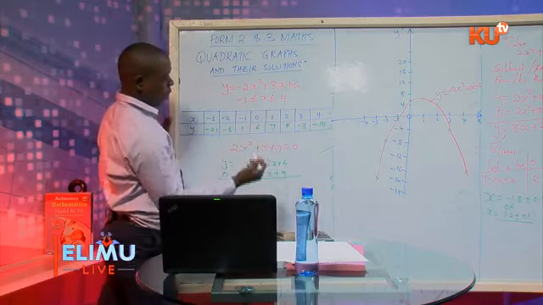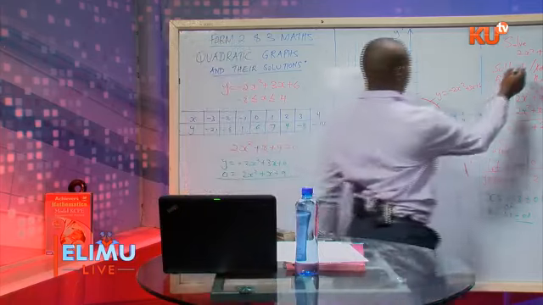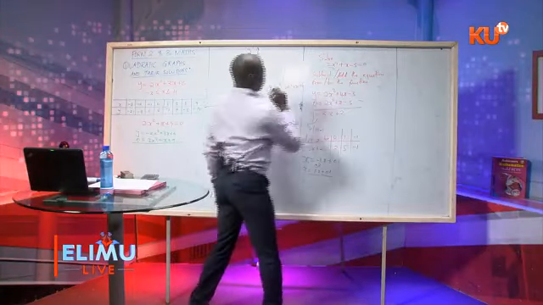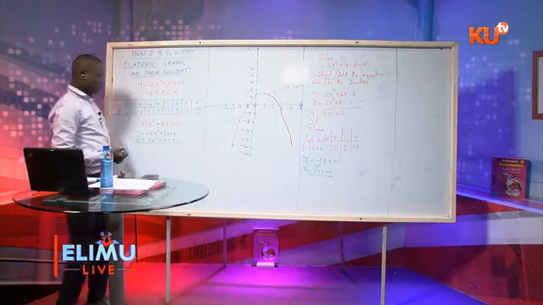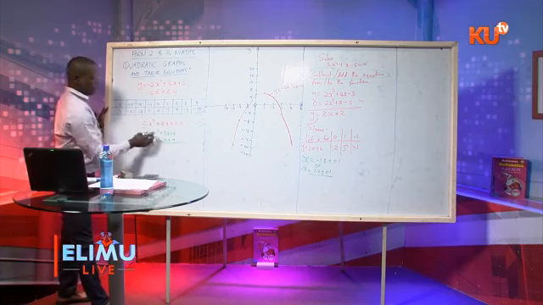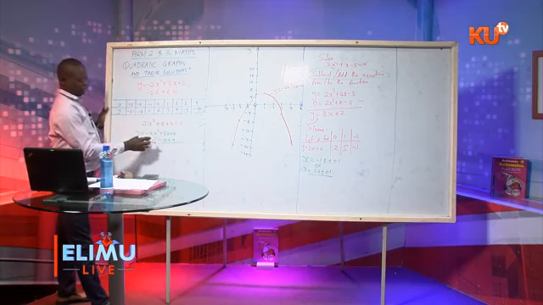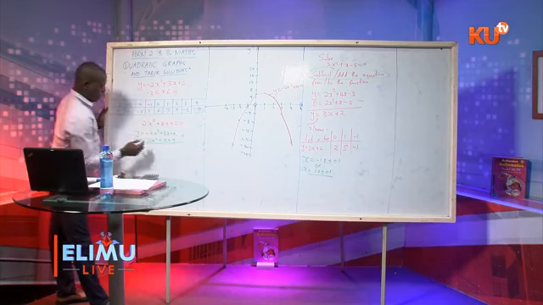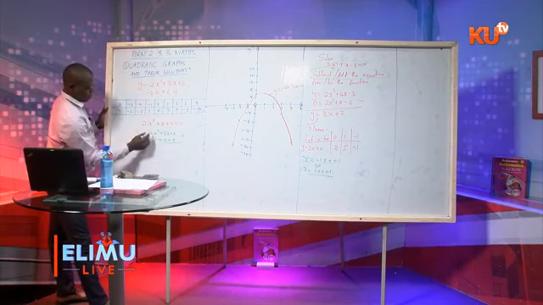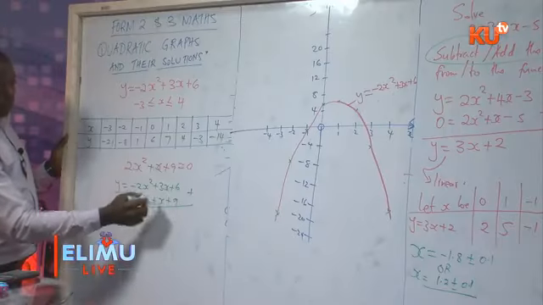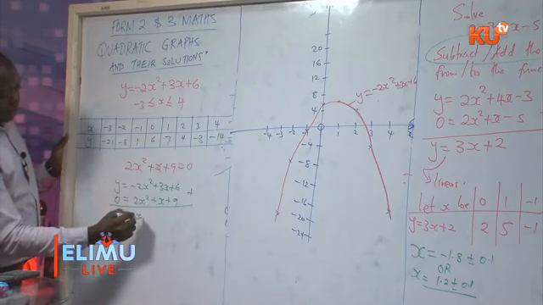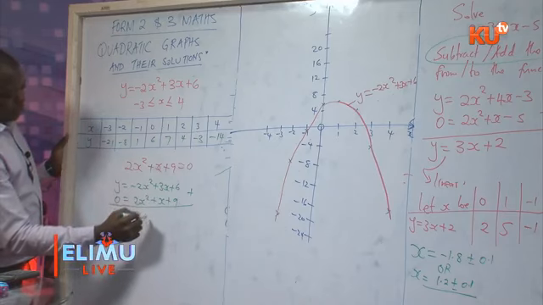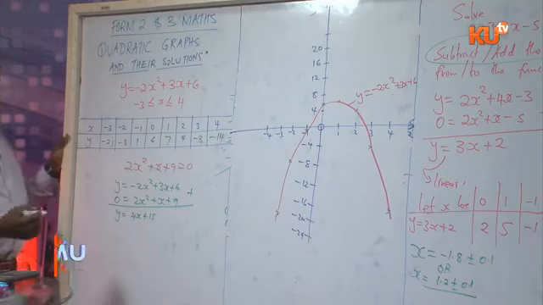You either subtract or add. Here we are not subtracting, because if I subtract, I will still have x squared. So we add, so that this is y, and this is 0. This becomes 4x, and then this becomes plus 15.